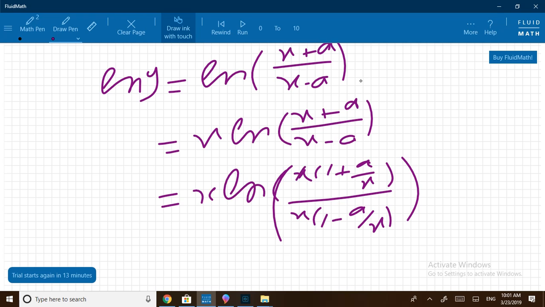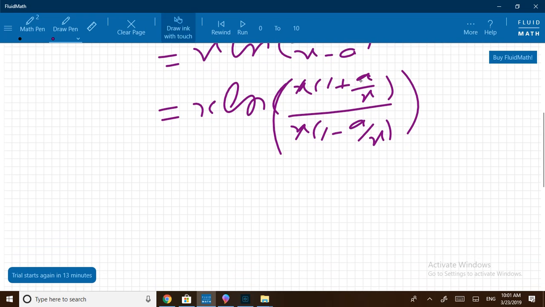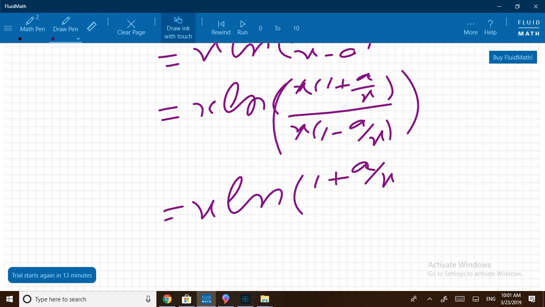Okay, x is cancelled out with x, and this will be equal to x natural log of (1 plus a divided by x) divided by (1 minus a divided by x).